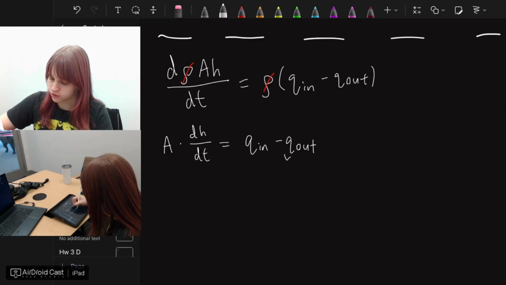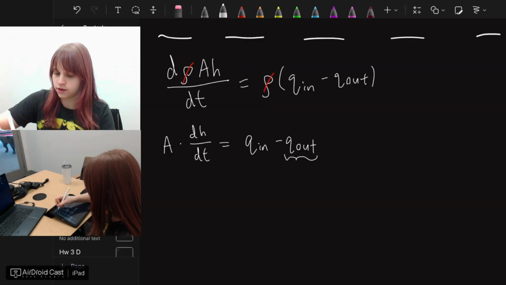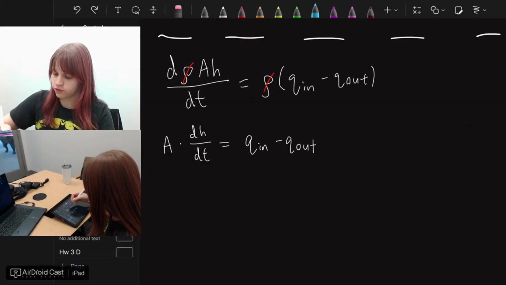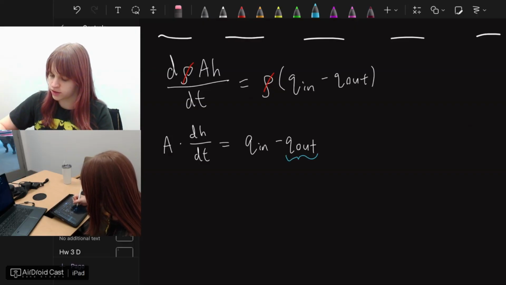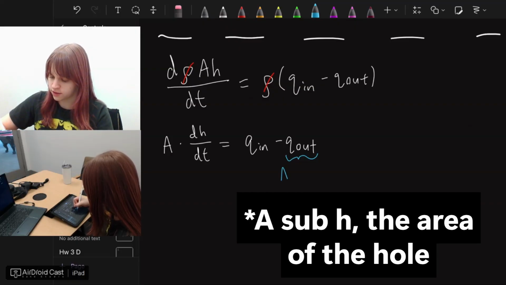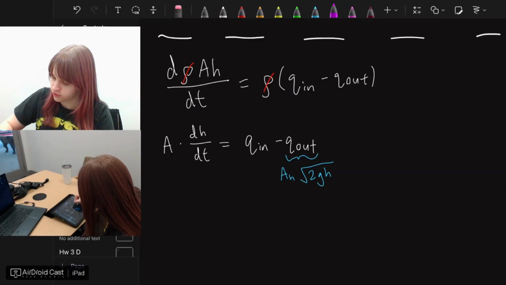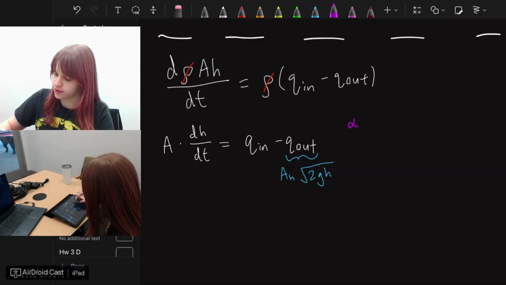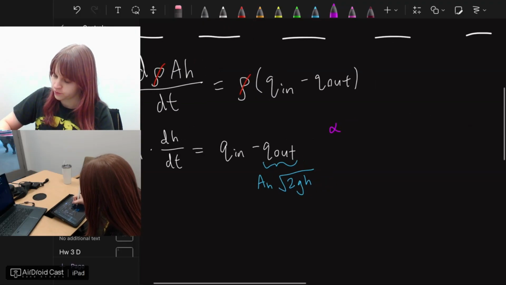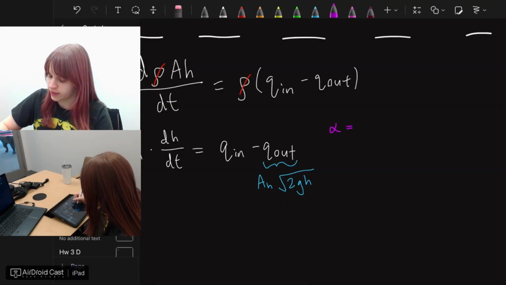Something else that we derived in a previous video is this flow rate. We can represent it as the height times the square root of 2gh, and we're actually going to create a constant so that we can simplify our writing a little further.